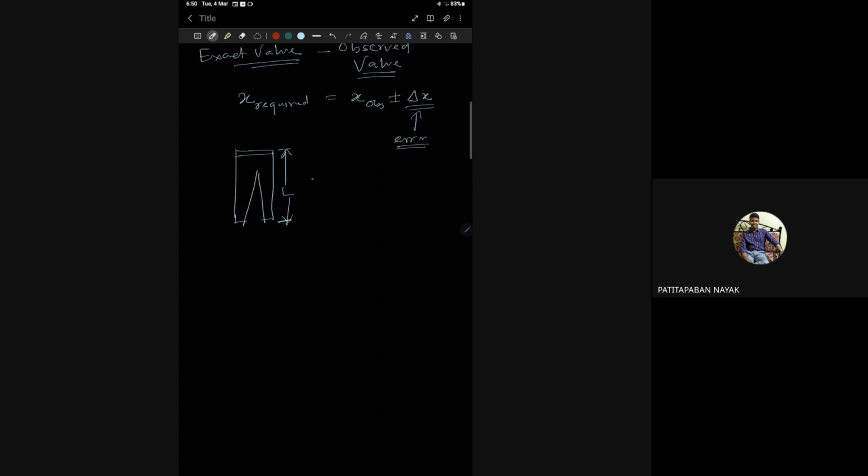So how exactly I will measure the length of my pant? Maybe a scale or a meter tape. Meter tape, right? That's what the tailor uses, right?